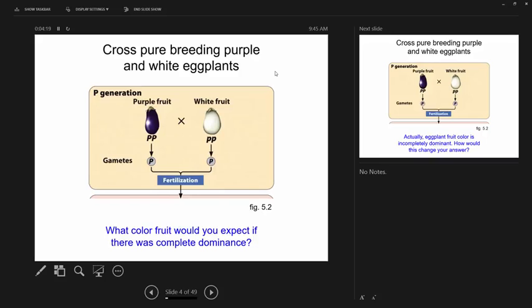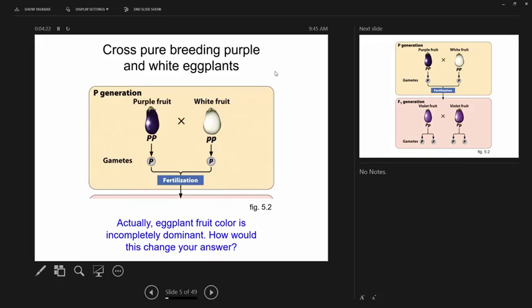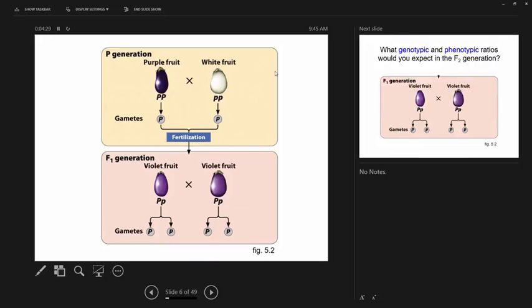But in this case, you have incomplete dominance. So now what are you going to expect? Right, some kind of a lavender or light purple color. You got it. And that's exactly what, I mean, they're calling it violet, but that's exactly what it is. So with one big P and one little p allele, you get enough purple pigment produced that you can tell it's not a white eggplant, but you get only half the dose of whatever the gene for purple color is doing here, so that you end up with something in the middle.